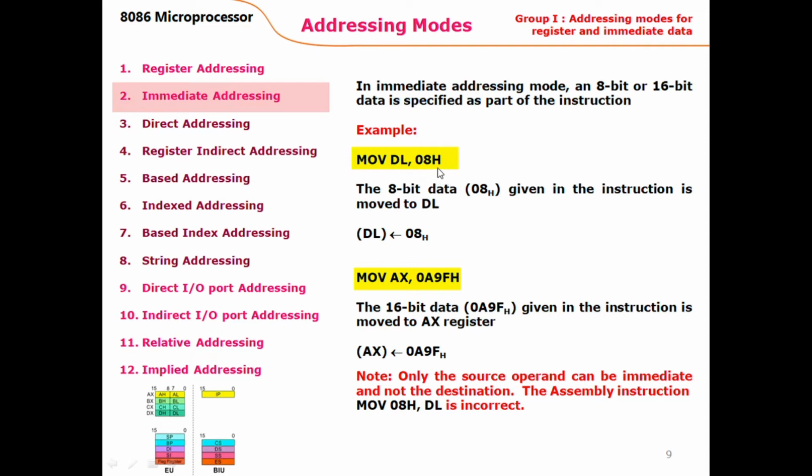This value 08H is immediate data, and this is stored along with the instruction, where in the memory this instruction is stored. This immediate data is also stored as part of that instruction.